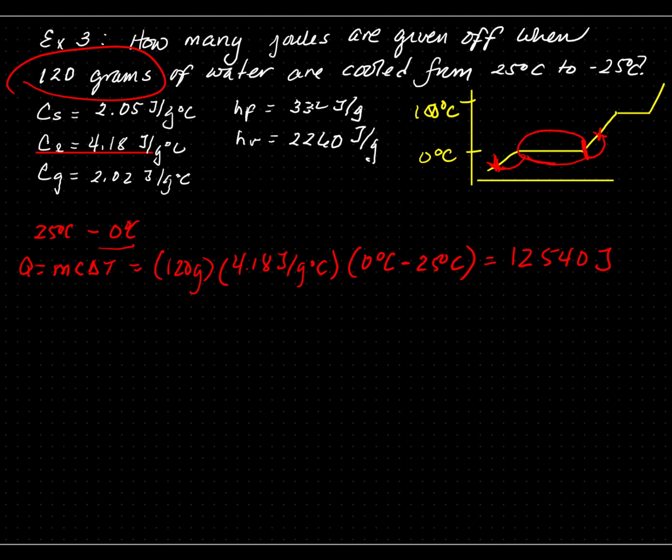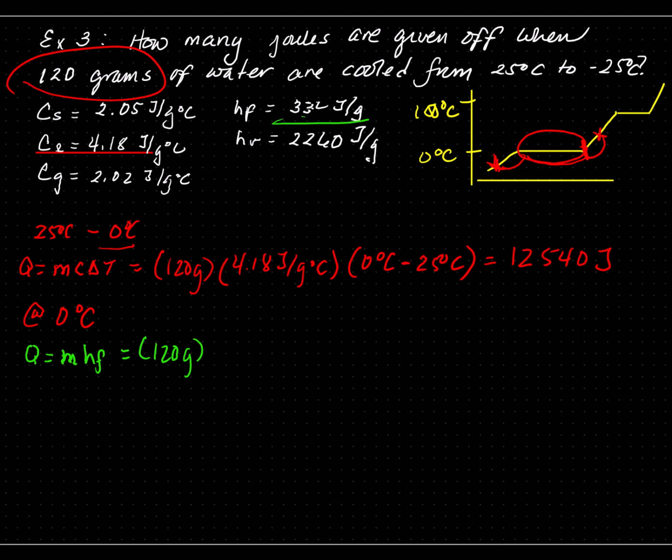We are freezing. Since we are freezing, there is no temperature change. We are at 0 degrees Celsius. So my equation becomes Q is equal to MHF, which is the heat of fusion. Since it's the same substance, this is 120 grams.